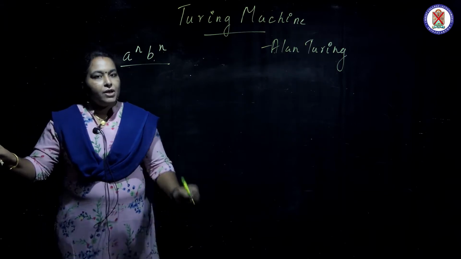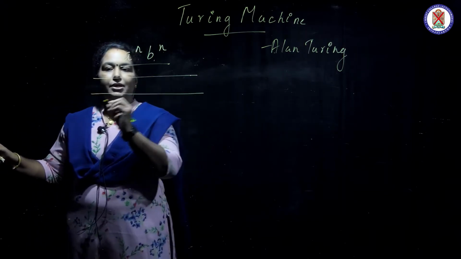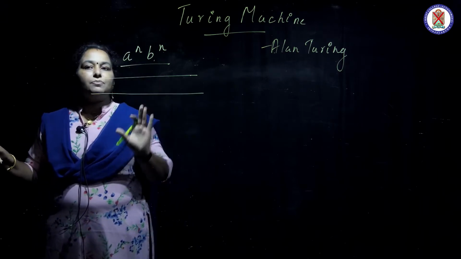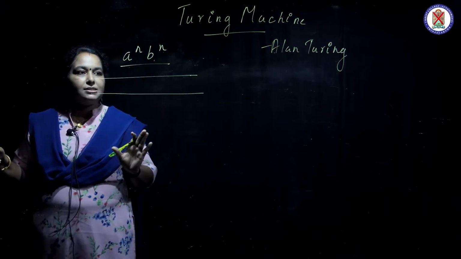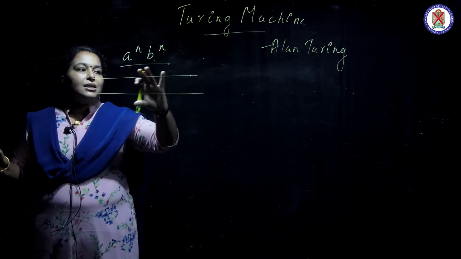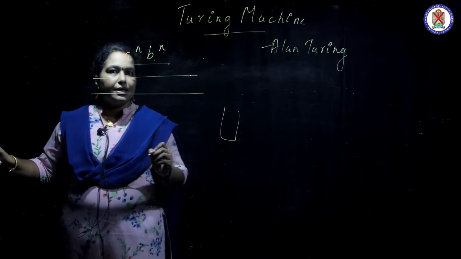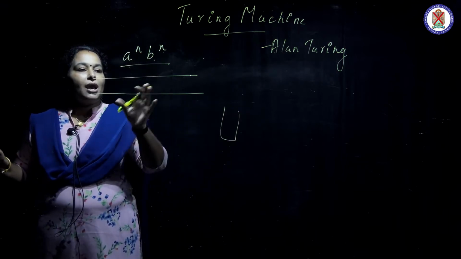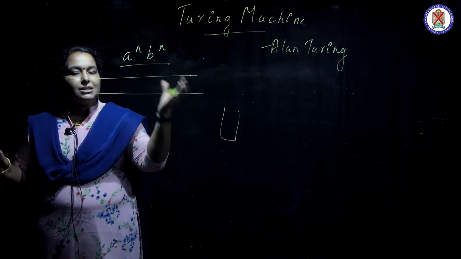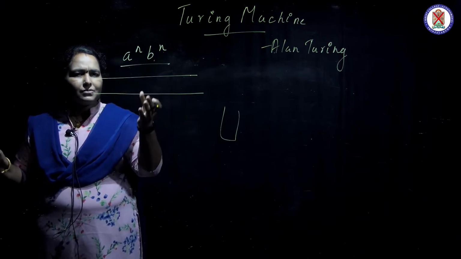First of all, I will say a Turing machine has an infinite tape. That is, infinite memory is available for the Turing machine. So in a Turing machine there is no separate memory like in a PDA. In a PDA we have a stack, isn't it? But in a Turing machine we have no separate memory. The tape itself is a memory where we are inserting input.